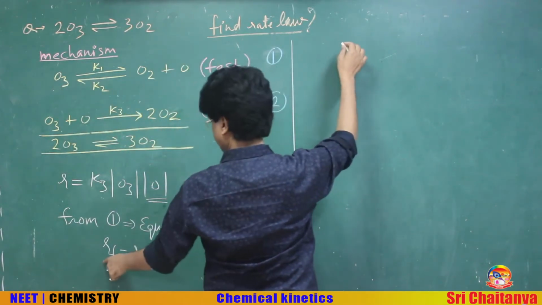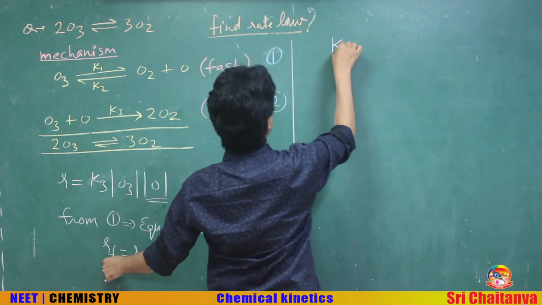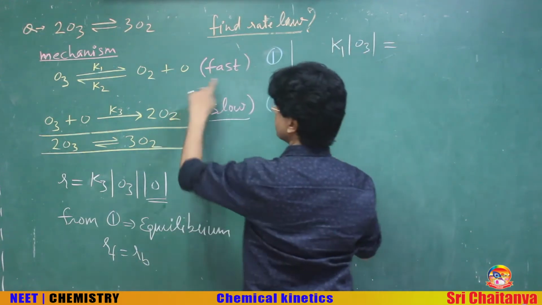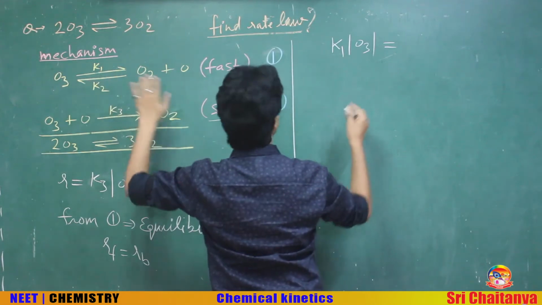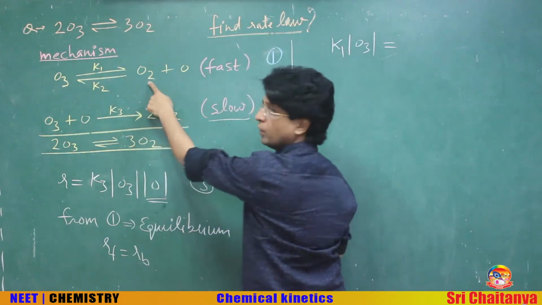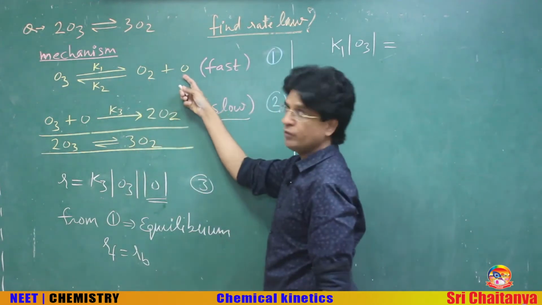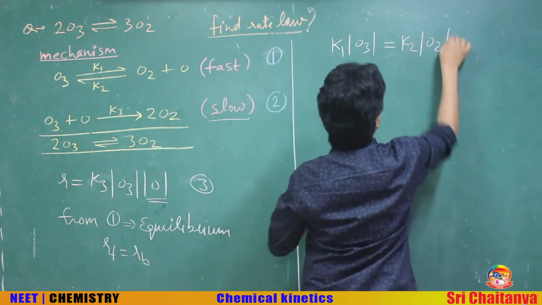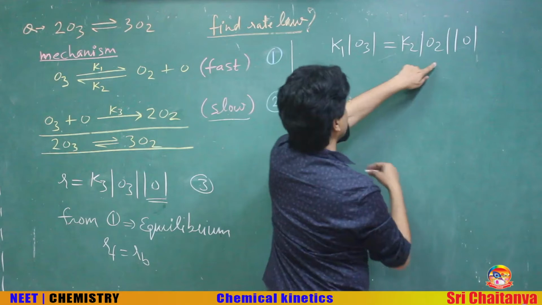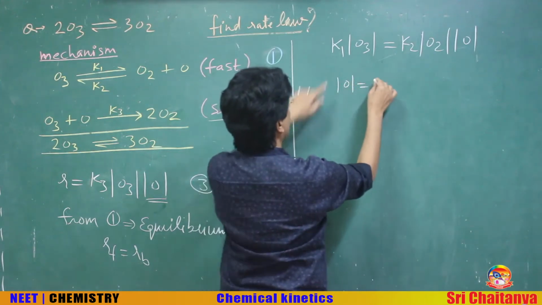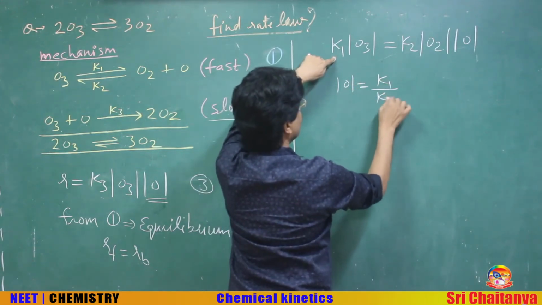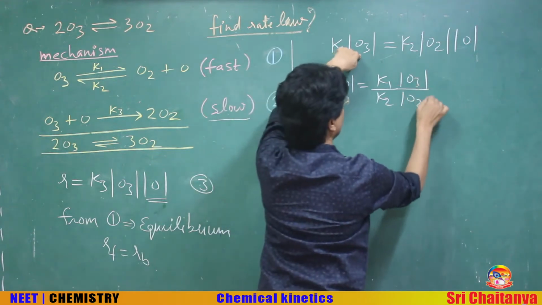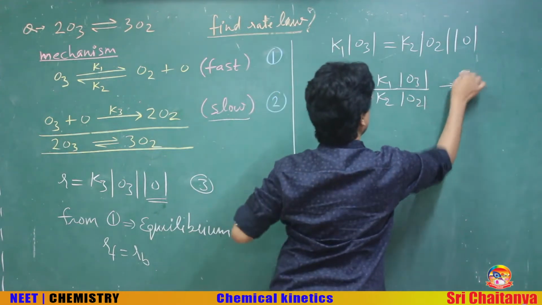So I can write rate of forward reaction will be K1 O3, which should be equal to, since this is an equilibrium, the backward reaction, dependent on the concentration of O2, the concentration of O and K2. So this will be K2 into O2 and O. So from here I can say that O will be K1 upon K2 into O3 upon O2. So this is my fourth equation.